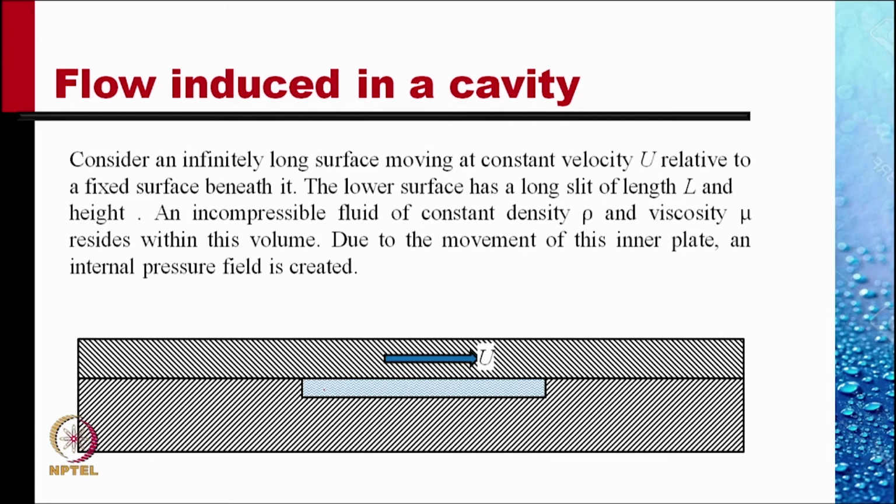We want to find out what is the velocity that is introduced within the cavity, and the force F that is needed to keep this upper plate tightly enclosing the cavity.